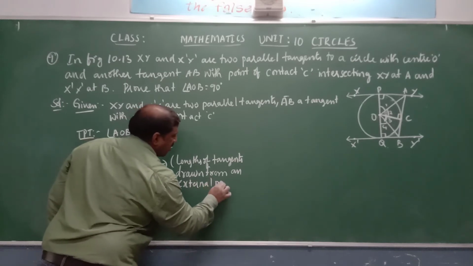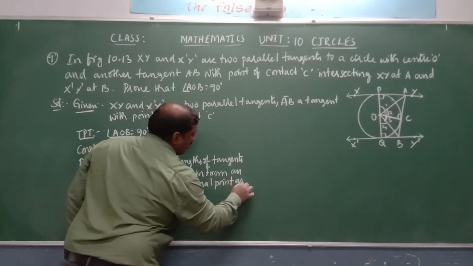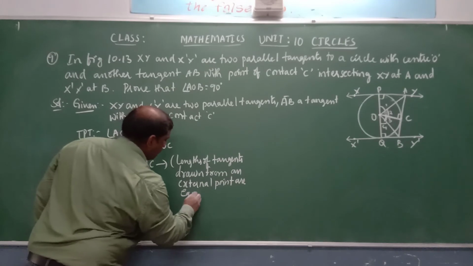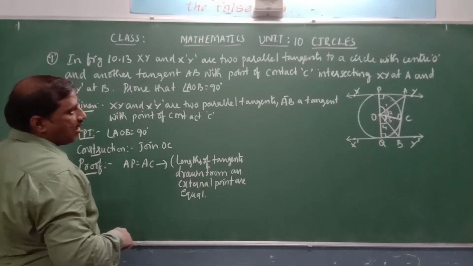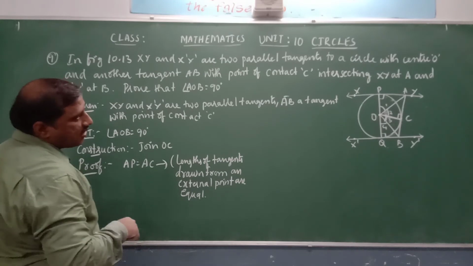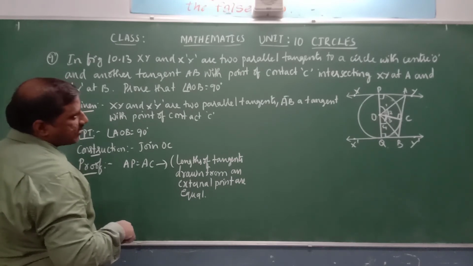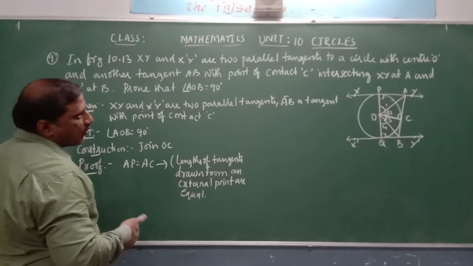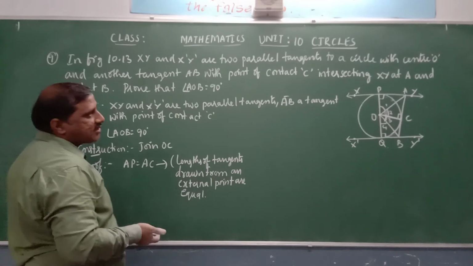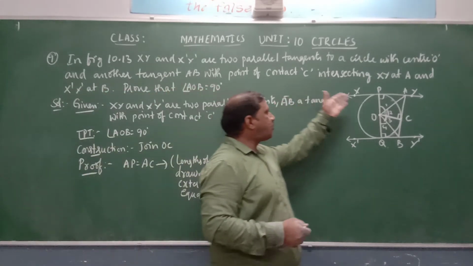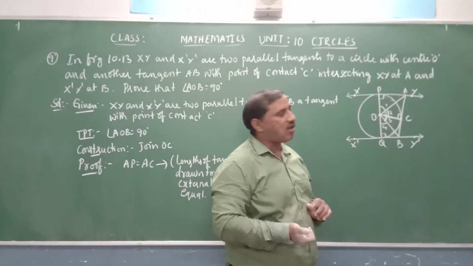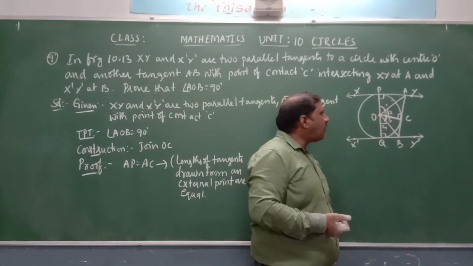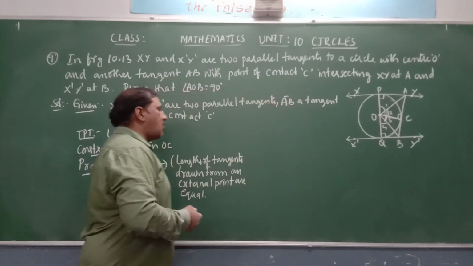Now, OP is equal to OC and OA is equal to OA. That is the common side, three sides. We can also prove these two triangles congruent by using SSS congruency.